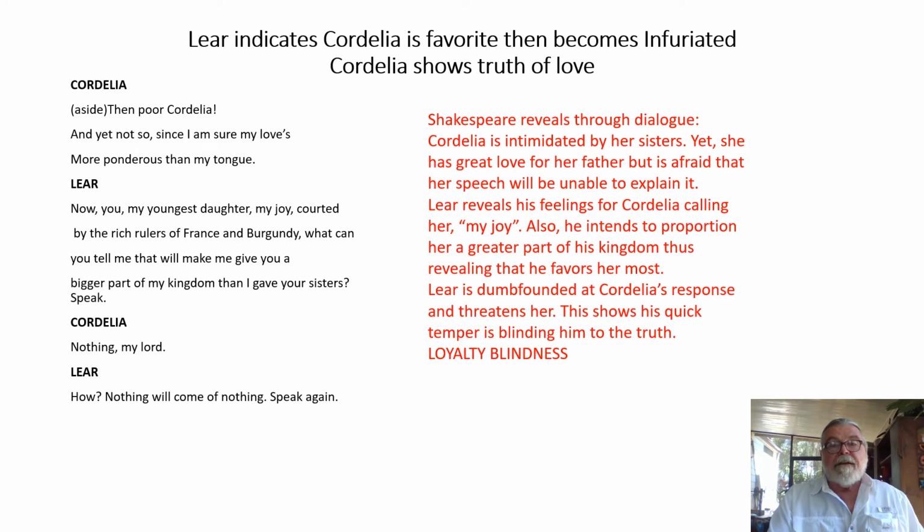And Lear is dumbfounded at Cordelia's response and threatens her. This shows his quick temper and is blinding him to the truth. And underneath I put loyalty and blindness. Those are the themes. So I have my quotes. I explain what Shakespeare does through the dialogue and what themes are developed.